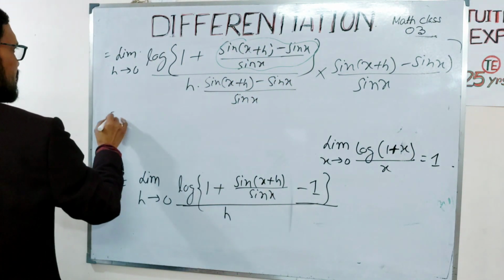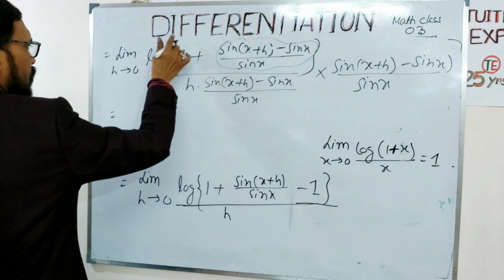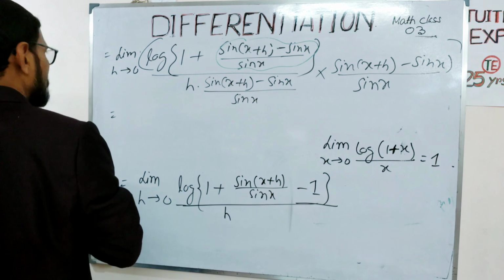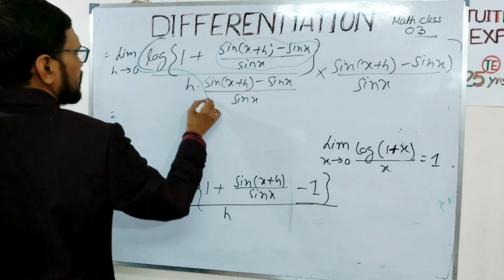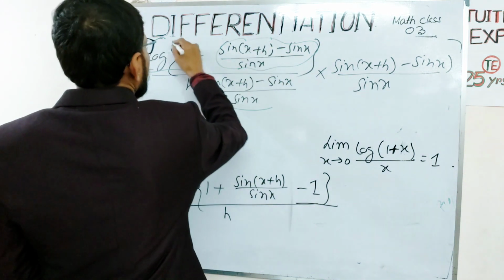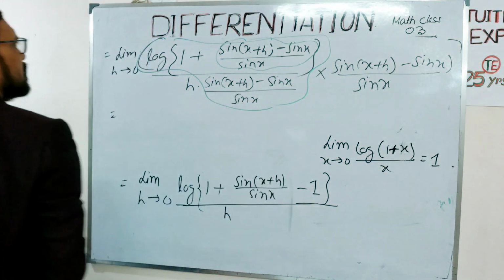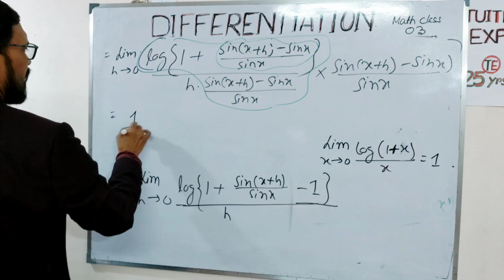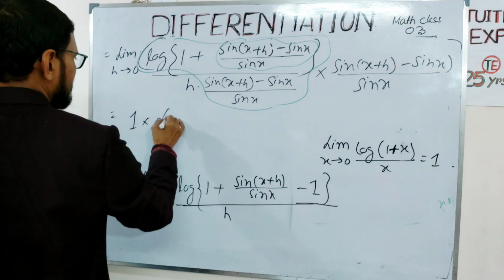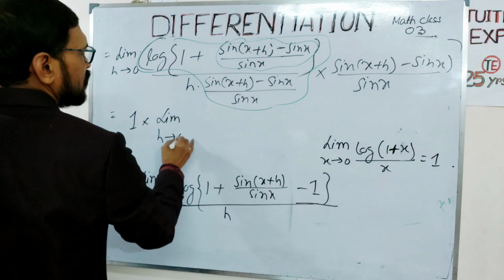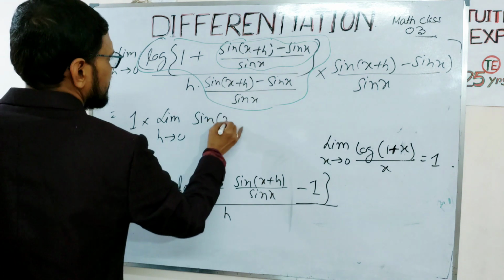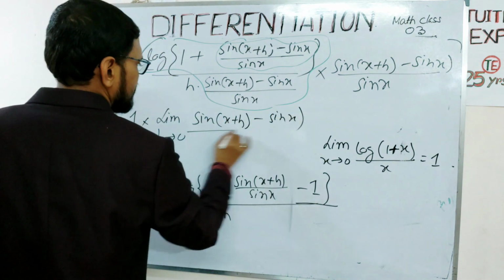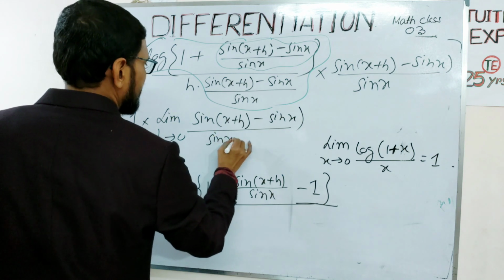So this result is log of the whole term, which is 1. So put 1 into limit h tends to 0, sin of x plus h minus sin x by sin x into h.